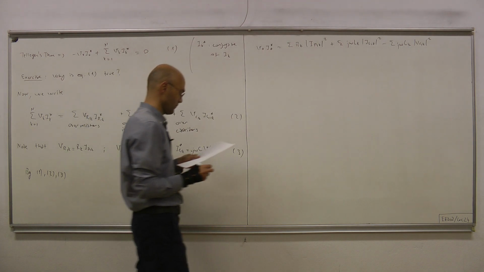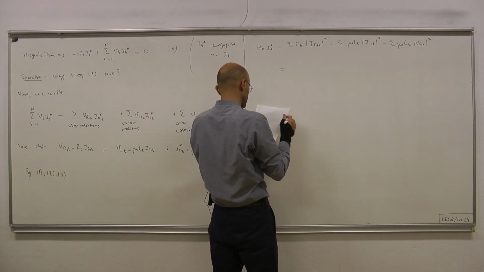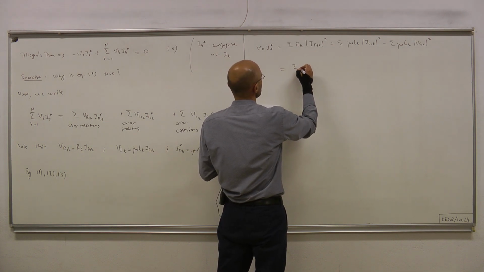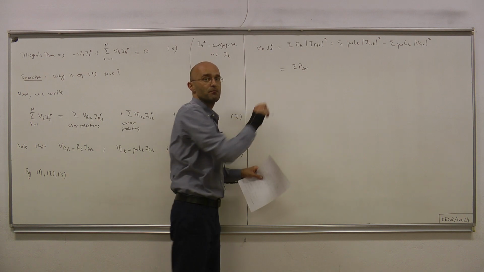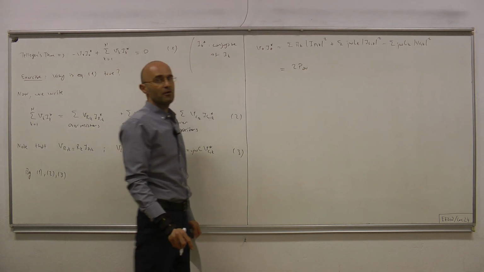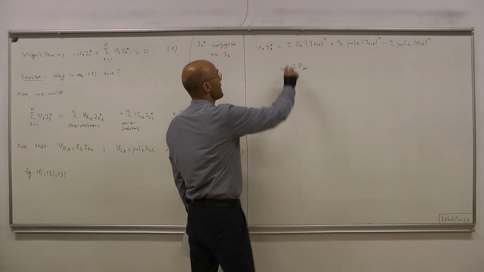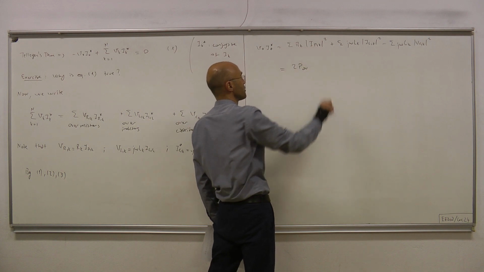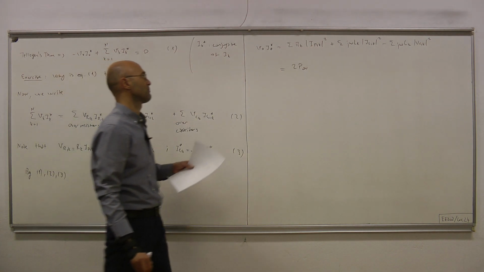Okay, that equals what? That equals 2 times P average. Remember that P average was defined as the sum of all average powers in our resistors. Since the average power was 1/2 times resistance times the magnitude squared, this is 2 times the P average.